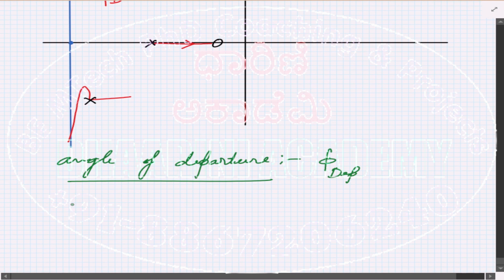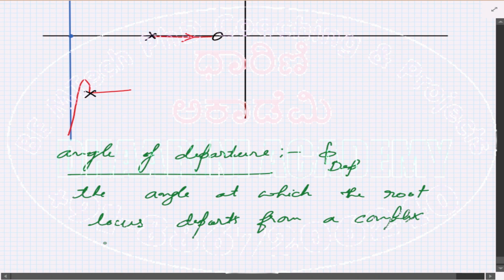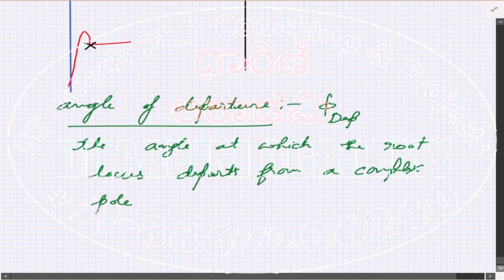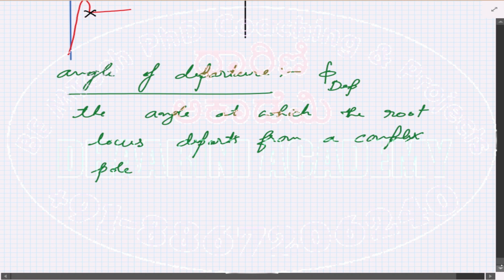This is actually the angle at which the root locus departs from a complex pole. Very similar to this, I have another equation with respect to the zeros. We'll write that later, but let's write the equation to be used.